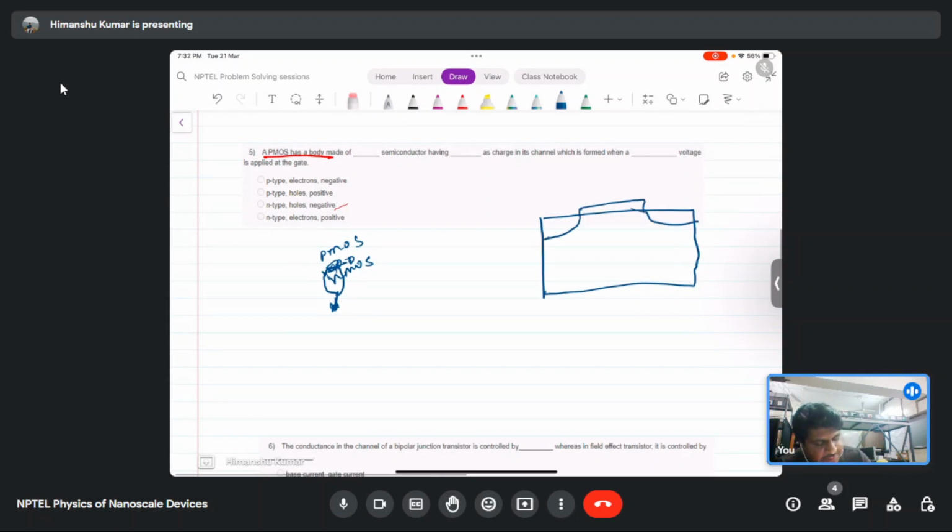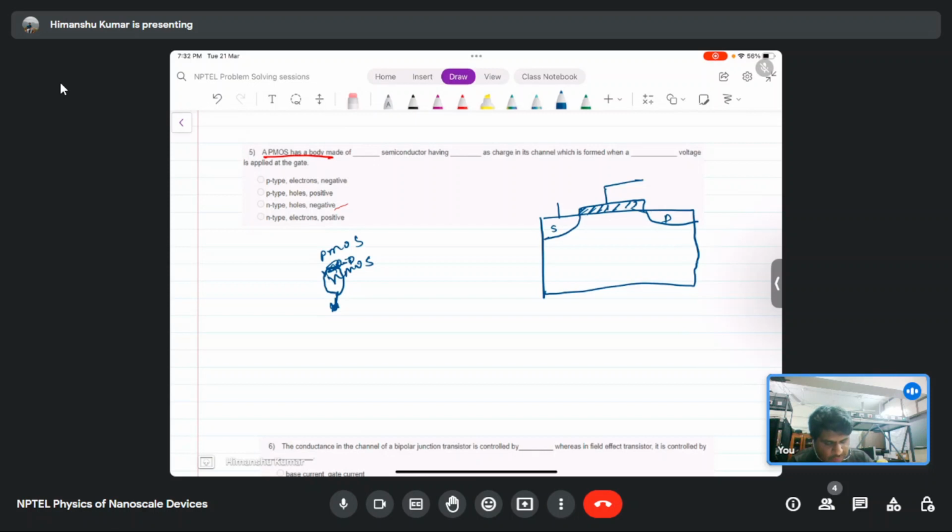In the MOSFET, our gate is there, the source is there, the drain is there, and at the gate we apply a positive voltage. There are two kinds of MOSFET.